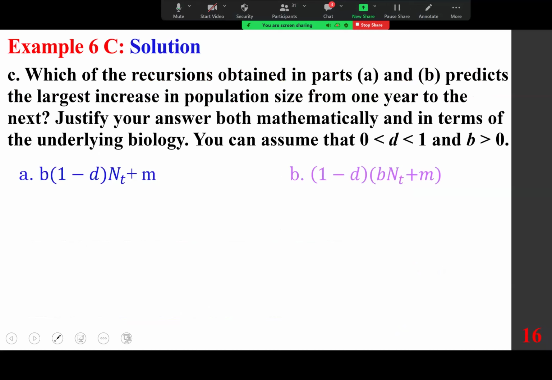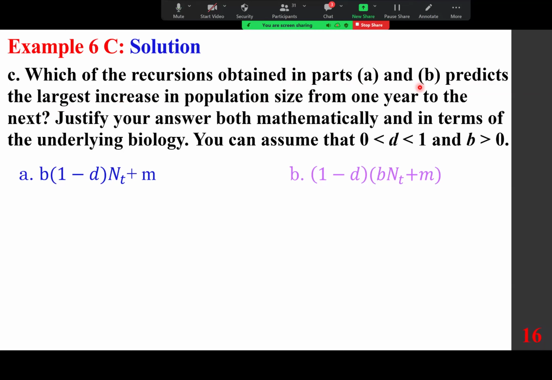Now the last part says, okay, which one? So we got part A, we got part B. Which one is more, this one or this one? That's really the bottom line for the last part. Which of the recursions obtained in parts A and B predicts the largest increase in population size from year to year?